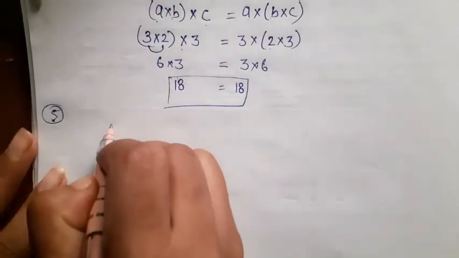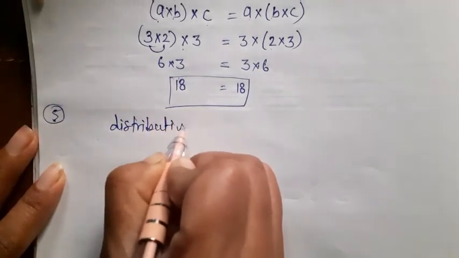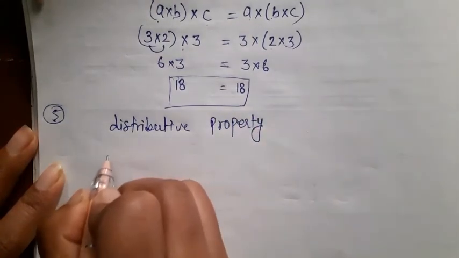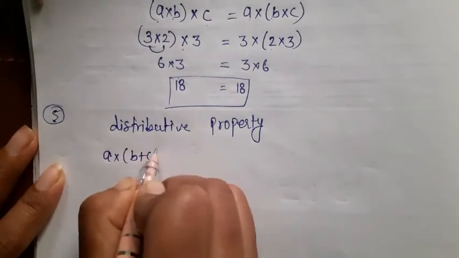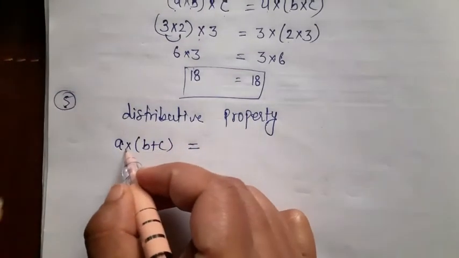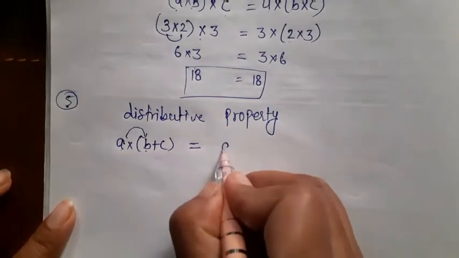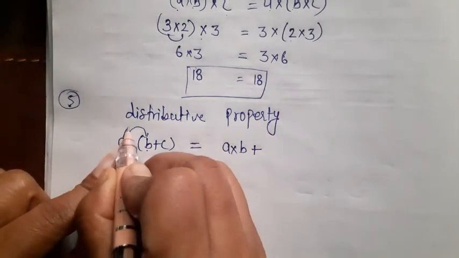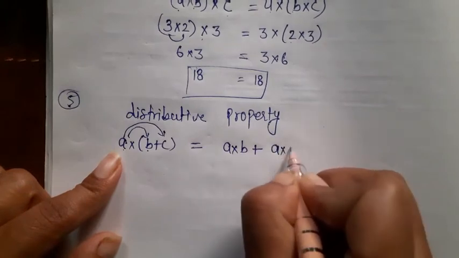Now next is the distributive property. In this property, a multiplied by b plus c is equal to a into b, plus sign, and again a into c.